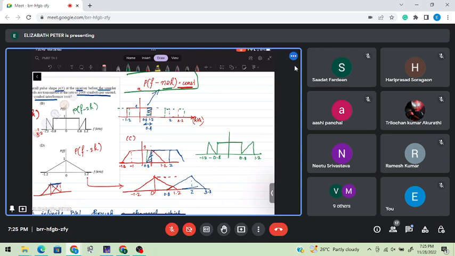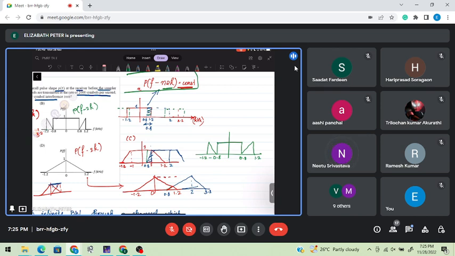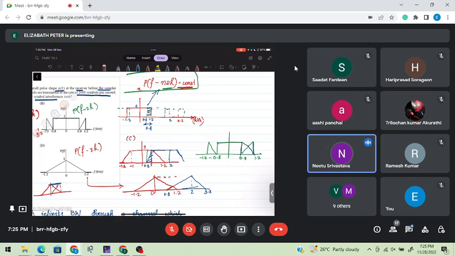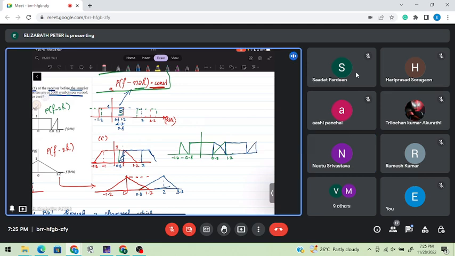And 0.8 and minus 0.8 will come at 1.2. So what happens is that it will be having a shape like this, right? So here these two things and these two things get added and make this amplitude this. Are you guys agreeing with this?